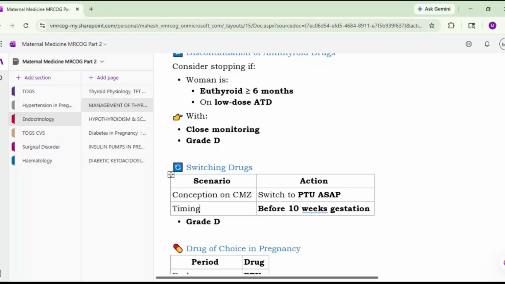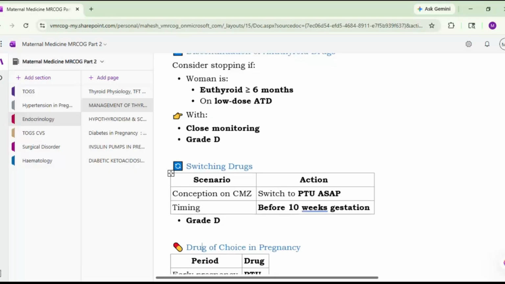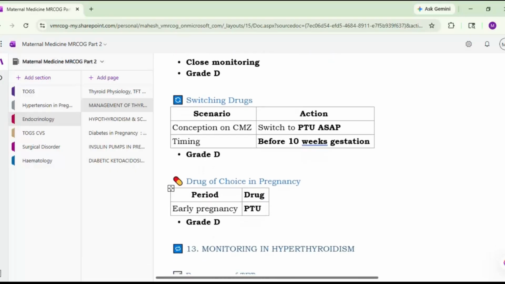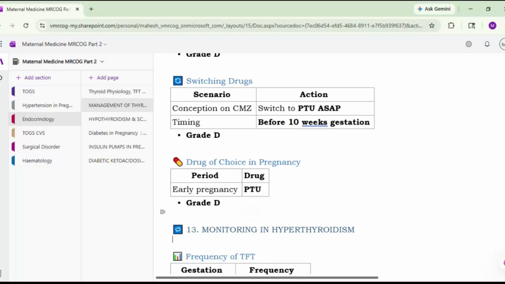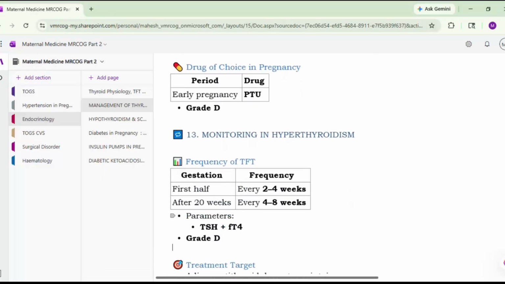If she is euthyroid for more than 6 months, low dose of antithyroid, then you will stop the antithyroid. But if the dose is high, you will know which medicine she is taking. If she is taking carbimazole, then we will change it to the PTU as early as possible and before 10 weeks of gestation. Okay, so remember, early pregnancy, PTU is the drug of choice.